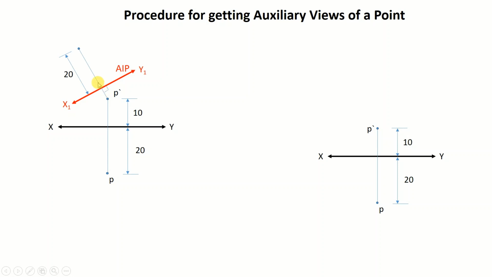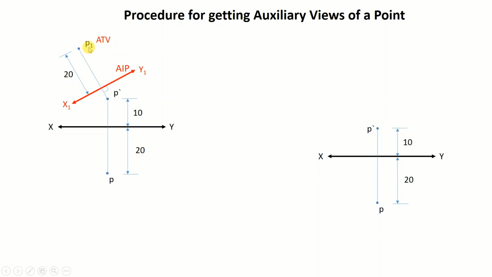Now the next step is that you extend this projection line beyond x1 y1 through a certain distance. This distance is the same as the distance of the top view from the reference line xy. So the point we get by extending this normal projection line through a distance of 20 mm beyond x1 y1 is called the auxiliary top view, that is ATV, of point P, and it is represented as P1.